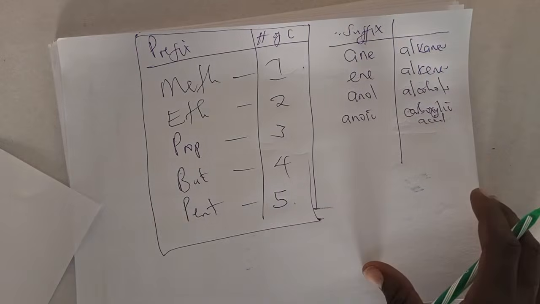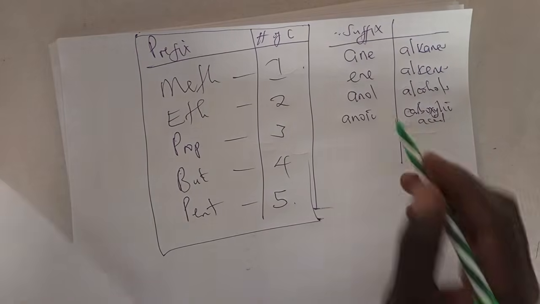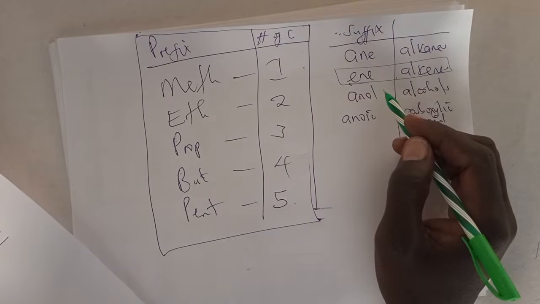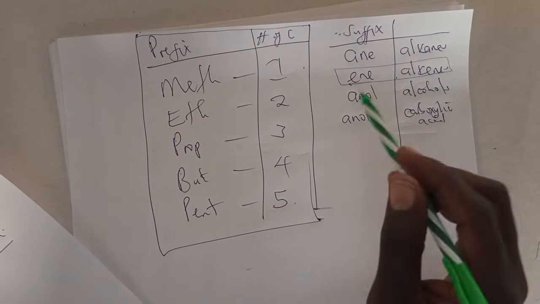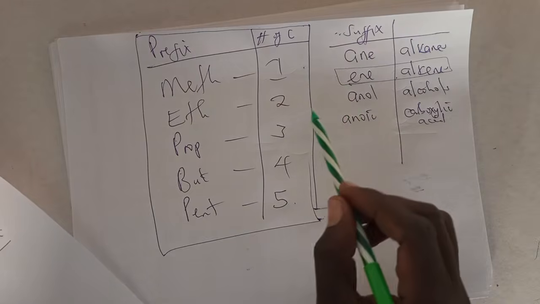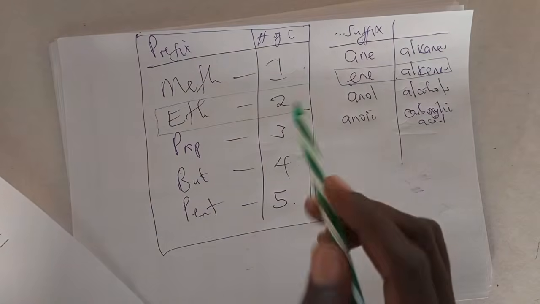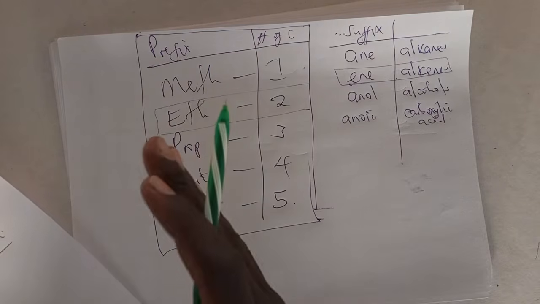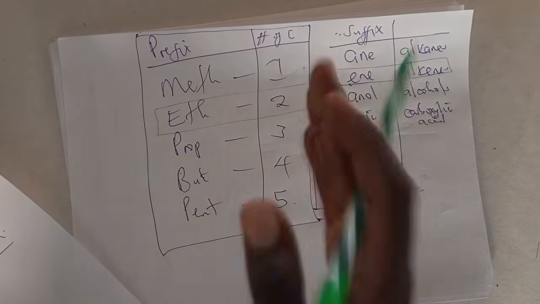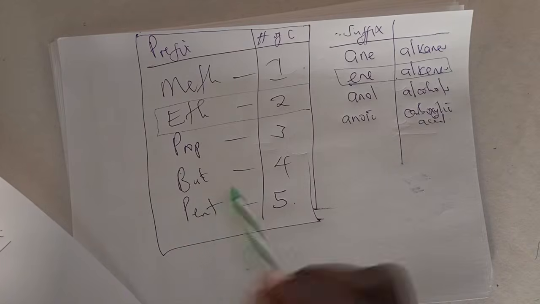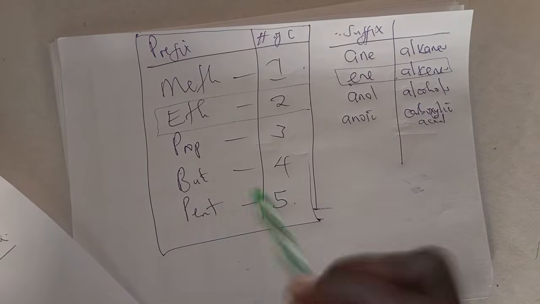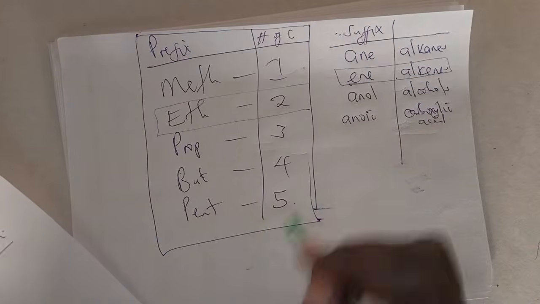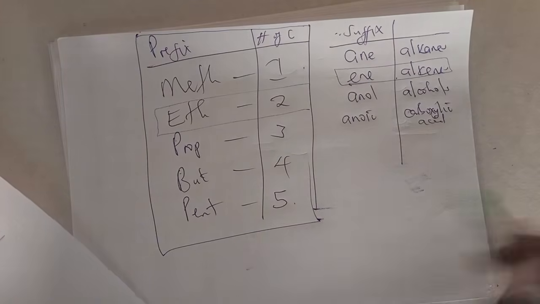Having said that, for the alkenes, the first compound starts with 2 carbon atoms. Why? Because these are unsaturated. No matter what, there should be a double bond between two carbon atoms. So you cannot have one carbon atom with a double bond bonded to hydrogen.